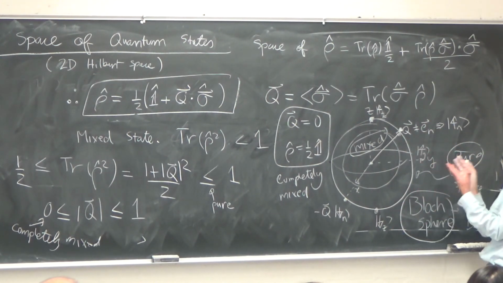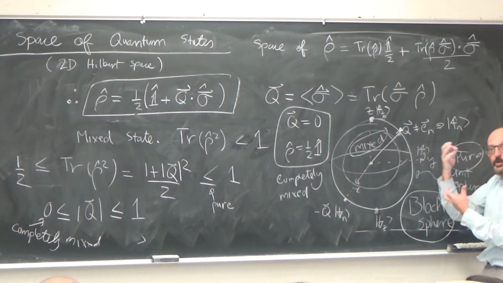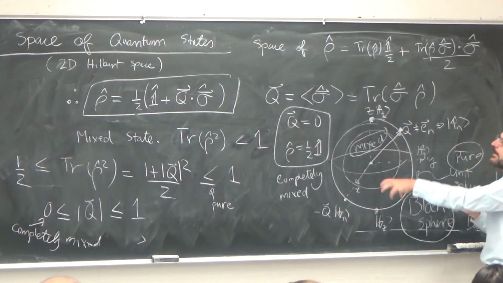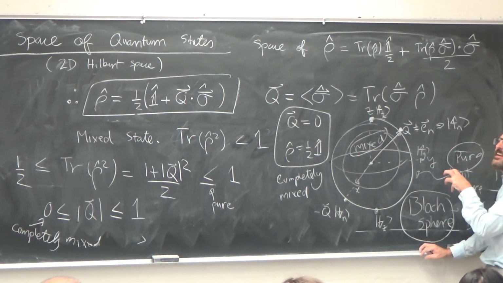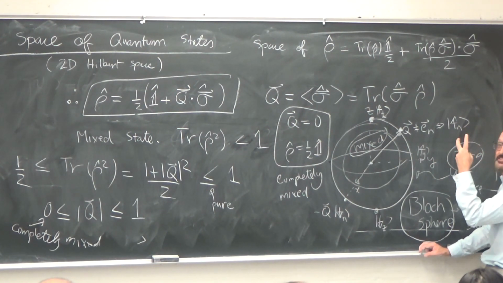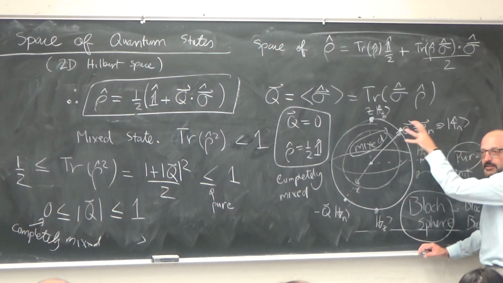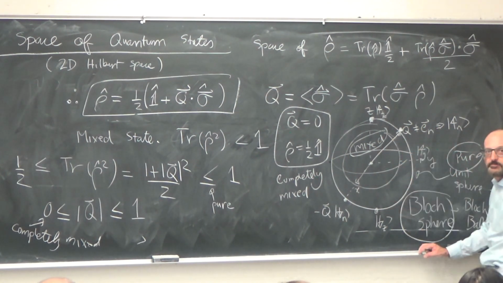This is a beautiful geometry. It really is. It's very, very important geometry that you really need to ingrain if you don't have experience with it in thinking about quantum mechanics. Because the most basic quantum mechanics we think about is just two states, the quantum bit, and it's all encapsulated in the geometry of the Bloch sphere.